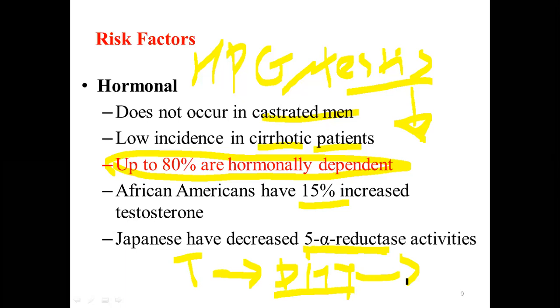Do you remember, in the pharmacology part, we have a drug that can inhibit the conversion of testosterone to dihydrotestosterone? We call them 5-alpha reductase enzyme inhibitors, used in the management of benign prostatic hyperplasia.